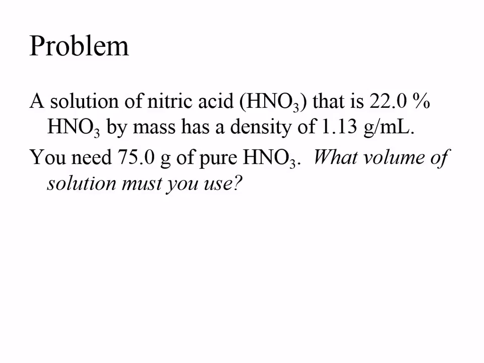Notice that I have weight percent, I have density, and I have the grams of pure HNO3, that's nitric acid, and I'm trying to get to volume of solution, milliliters of solution. I play puzzles a lot, so I would literally write those down and see how my units fall into place.